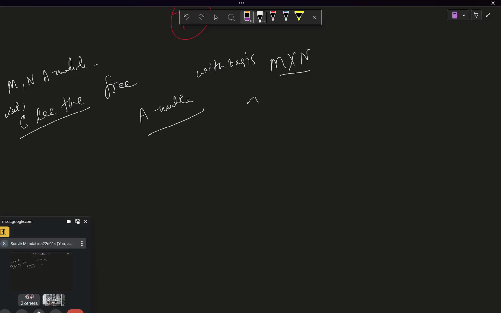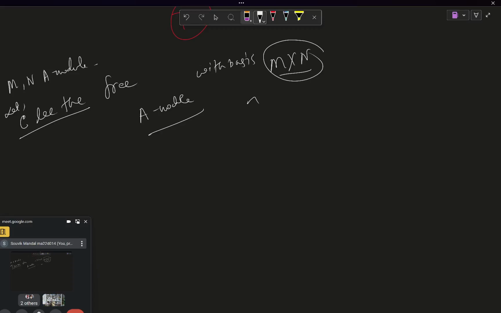M and N are some modules. We have some elements from M, some elements from N. Now we are making C a free A module with basis M cross N. M cross N is a set, right? In vector spaces, we have some set, then we can consider vectors having that set as the basis.